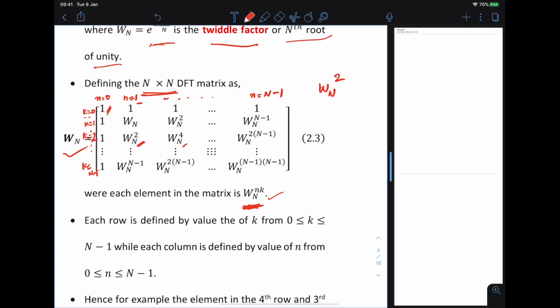The third element, that is for n equal to 2. So that is Wn raised to 2, k equal to 2, and n equal to 2. So that is Wn raised to 4. Similarly, the last element is equal to Wn raised to k is 2 and n is equal to n minus 1. That is how we get the element. Likewise, each of the element in the DFT matrix is filled.